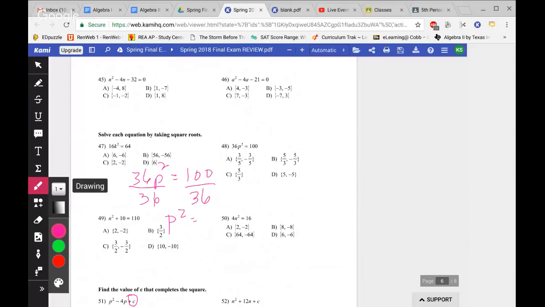And when you take the square root of something, you take the square root of 100, which is 10. So P equals 10 over the square root of 36. It's 6. Sorry about that. So I've got that plus or minus thing.